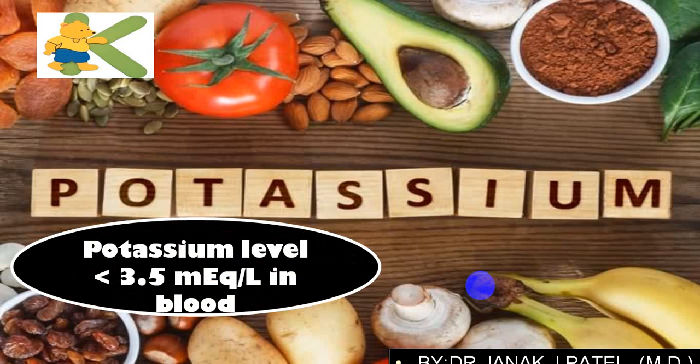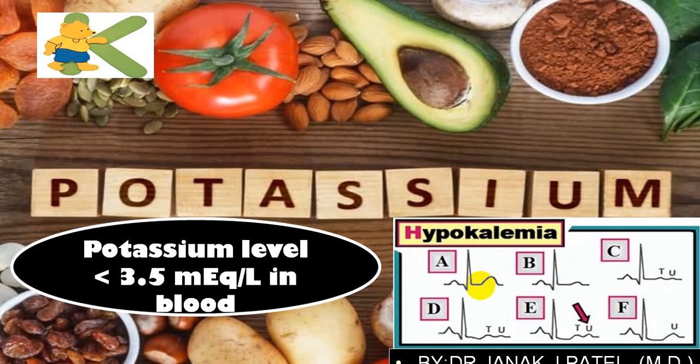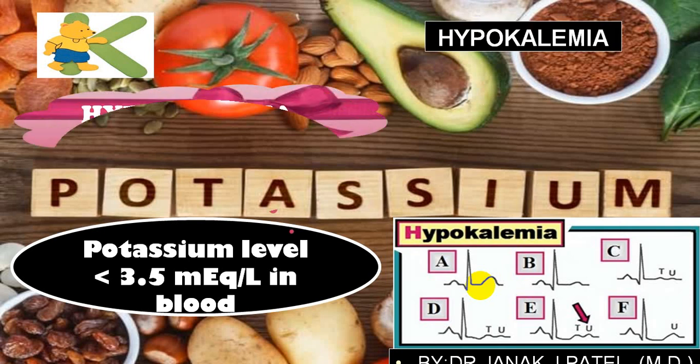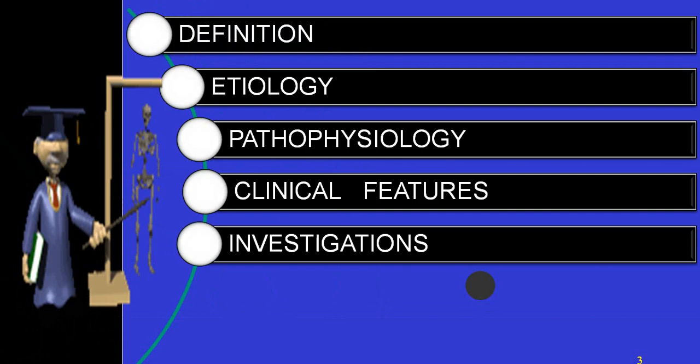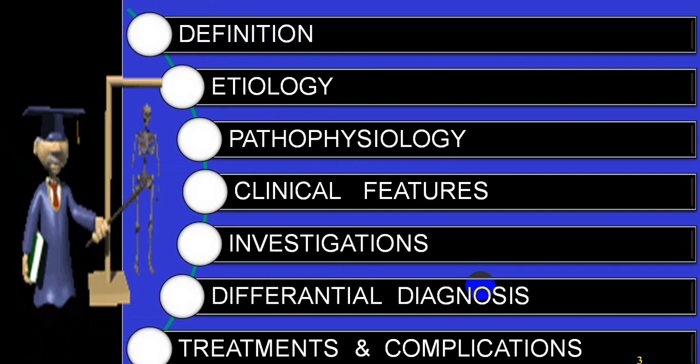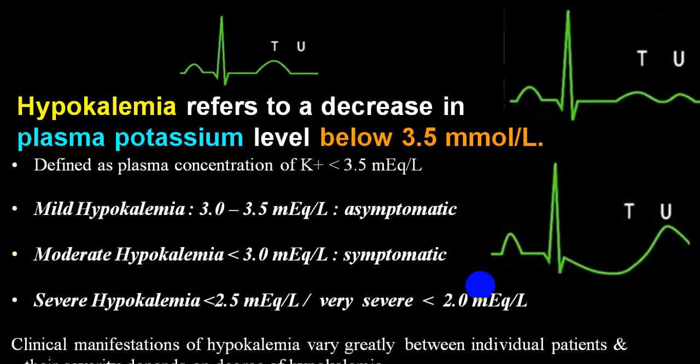Hypokalemia is a potassium level less than 3.5 milliequivalent in blood, and it will have an effect on cardiac muscle, skeletal muscle as well as smooth muscle. We'll be discussing under these headings: definition, etiology, pathophysiology, clinical features, investigations, differential diagnosis, and treatment.